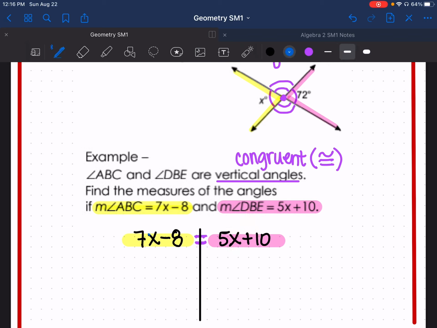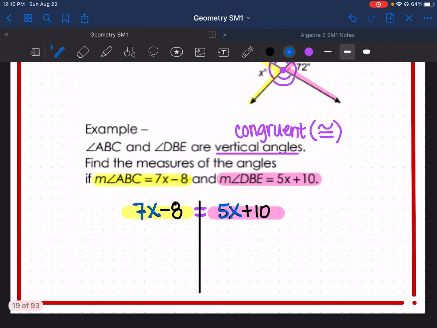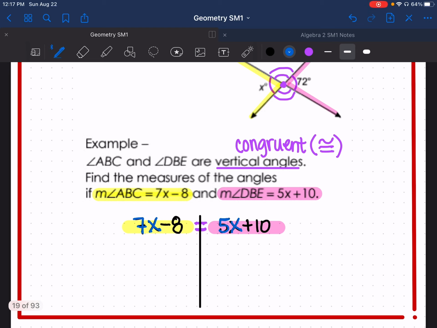Let's take a look at our x's, and let's move the smaller one over to the same side as the larger one. 5 is smaller than 7, so I'm going to subtract 5x because it was a positive 5x. If it had been a negative 5x, I would have added it. That gives me 2x. I'm going to bring down my minus 8 equals, and I did not cross out the positive 10. I can drop the positive though.